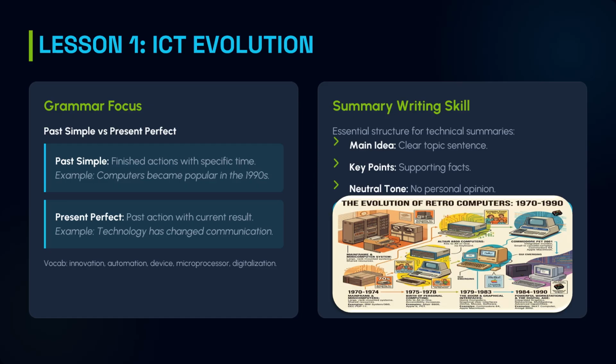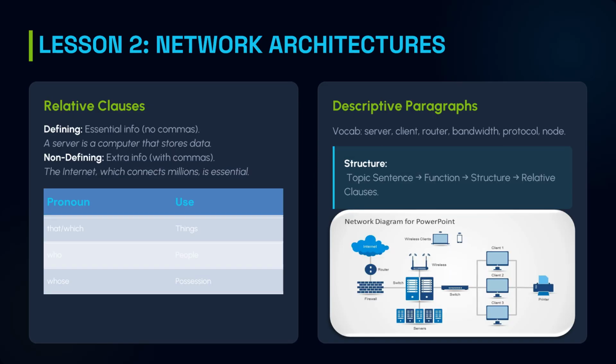Okay? So, regarding lesson 2, we have seen network as a theme. So, moving to networks, to describe a system like a client-server network, you need relative clauses. They allow you to add details without starting a new sentence.